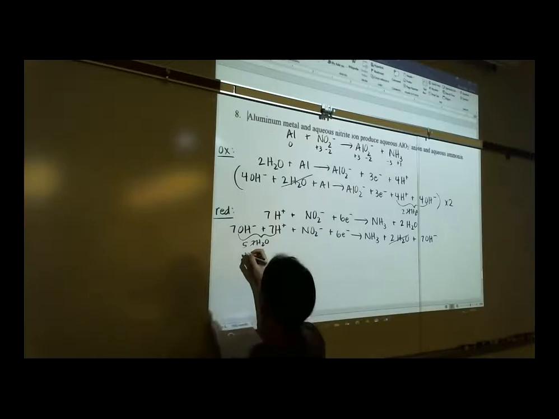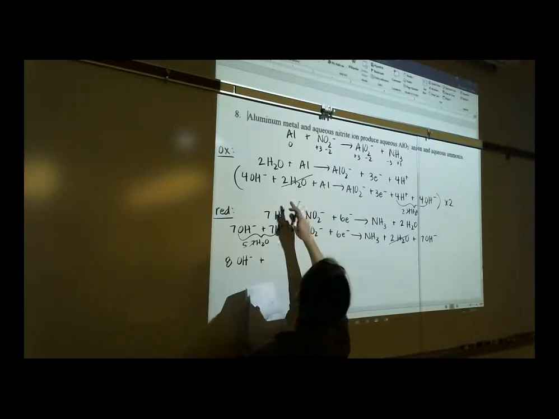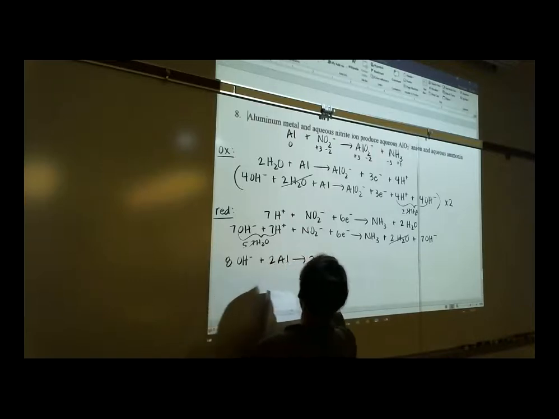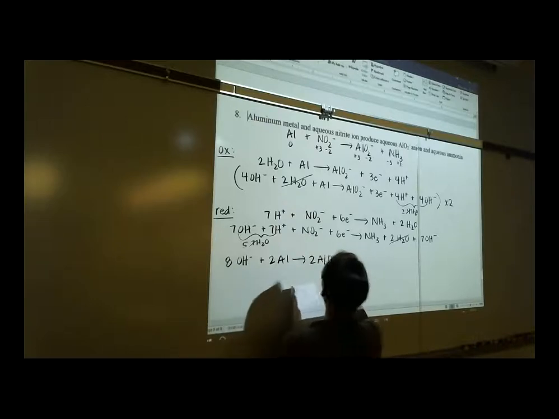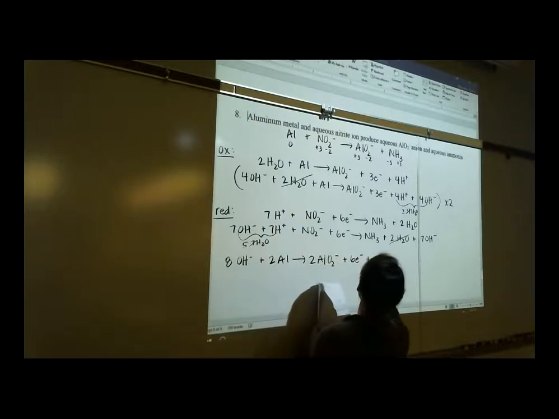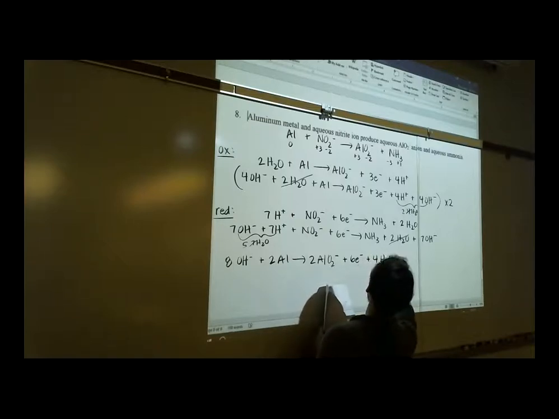So that gives me 8 OH minus, plus 2Al, yielding 2 AlO2 minus plus 6 electrons plus 2 times 2 is 4 H2O.